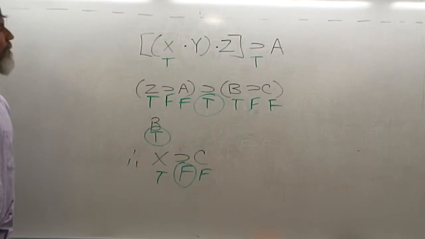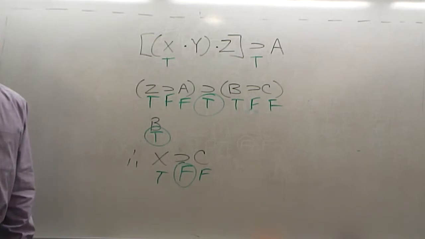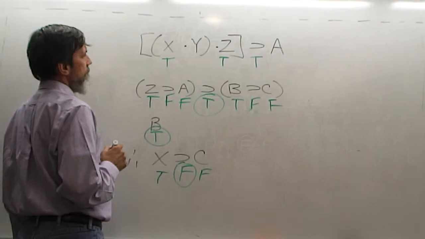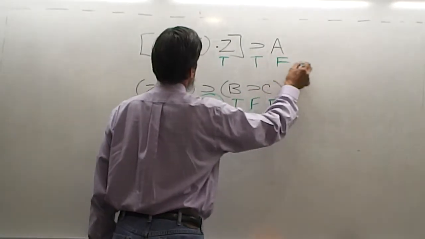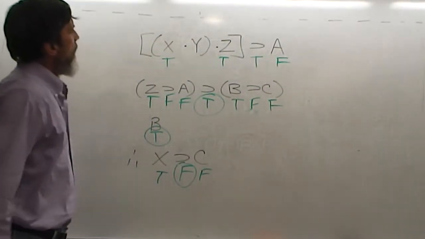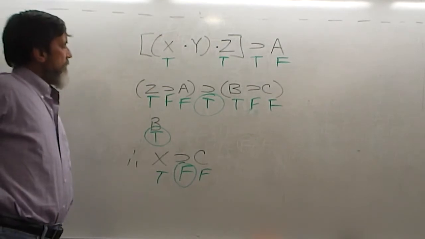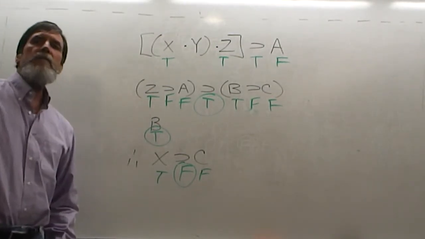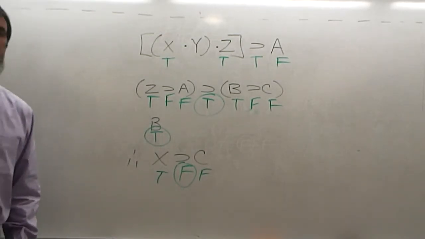What do you think I should do now? Transfer values. Truth values for Z and A. That C has to be true. That A has to be false. Now that tells us something about the truth value in the first premise. Be careful about which symbol it is.